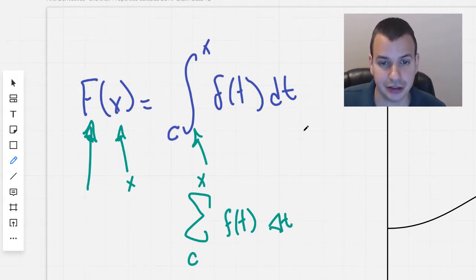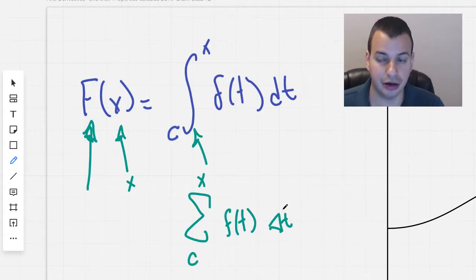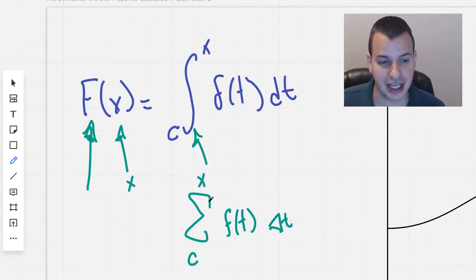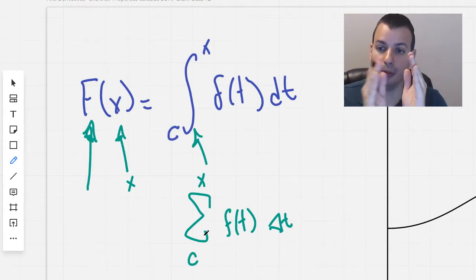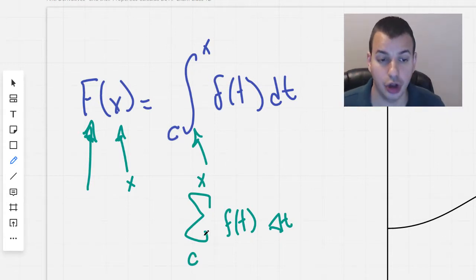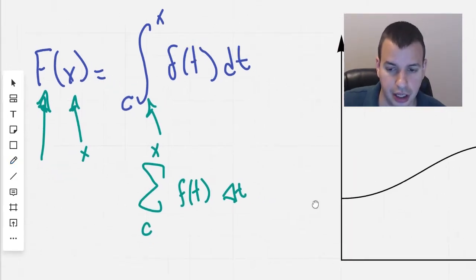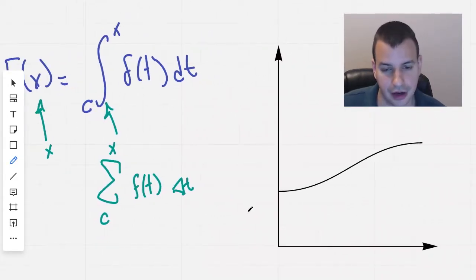Same idea here, where we have a delta t, which we can call not infinitely small, but actually having some sort of value, and look at this as a summation where we add up a whole bunch of rectangles, similar to a Riemann sum.